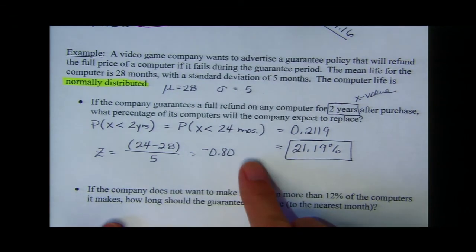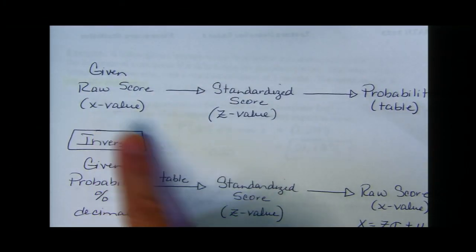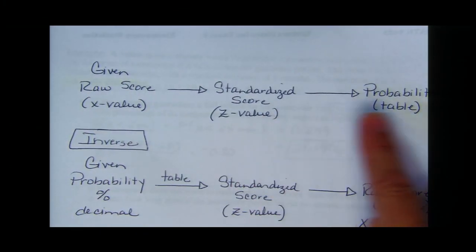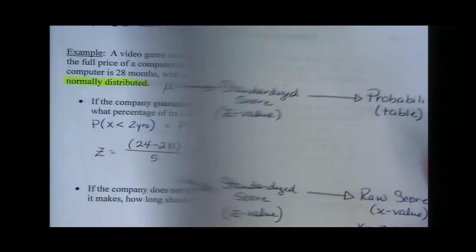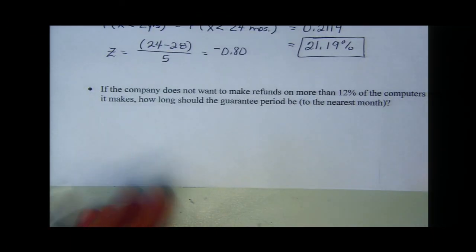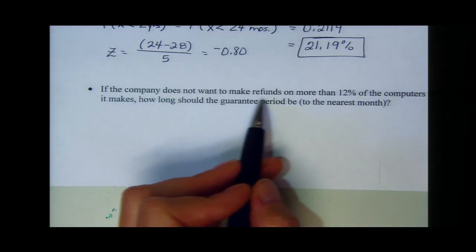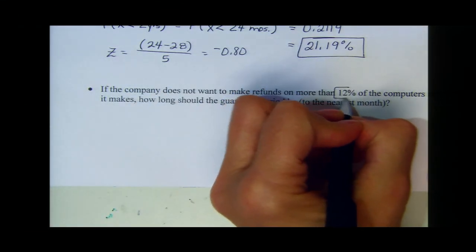Now, in this problem, we were given X, calculated the Z, went to the table and found the probability. So you've got to pay attention to what is given. In this second problem, it says if the company does not want to make refunds on more than 12%, they give me a percent.